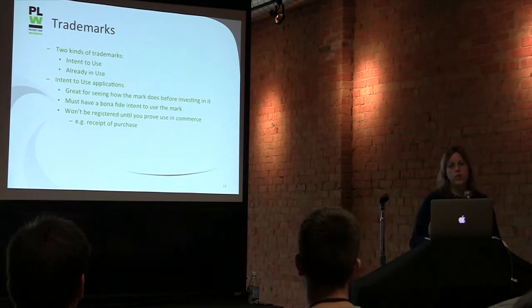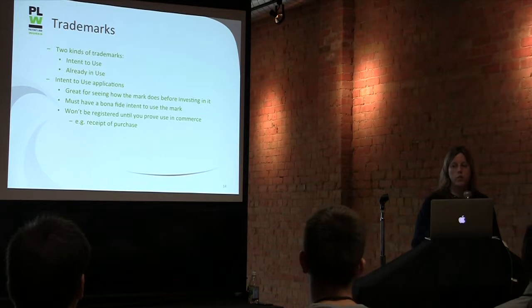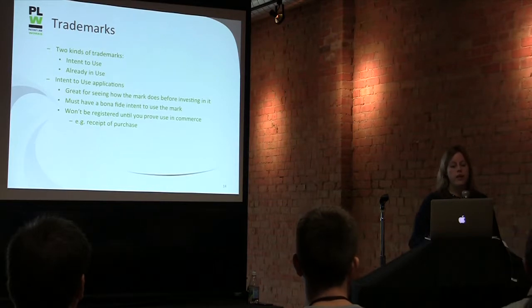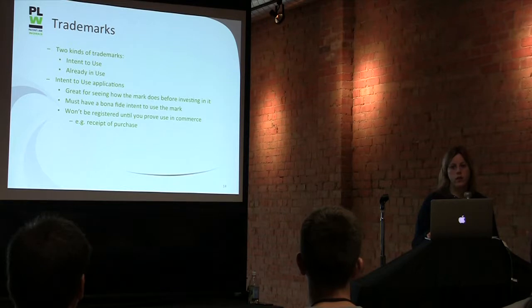So use in commerce, for purposes of what you're doing, would be the download of your software. It has to be within commerce, which is between states. So if you're selling your product in Utah and someone is downloading it in California, then boom, you have that. You just have to give the patent office a receipt of purchase as proof.